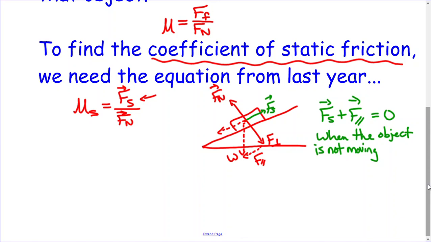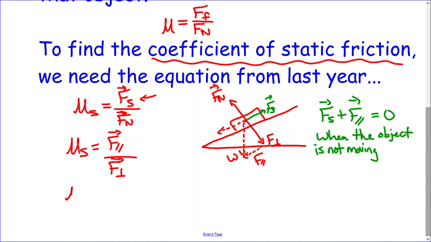So I can substitute those values in and say the coefficient of static friction, instead of writing the force of static friction, we know that it's the magnitude of the parallel force, okay, the value of the parallel force, over the normal force, and the normal force is really just the perpendicular force.